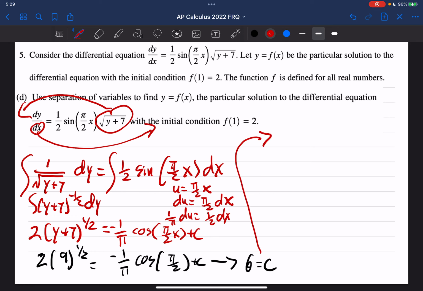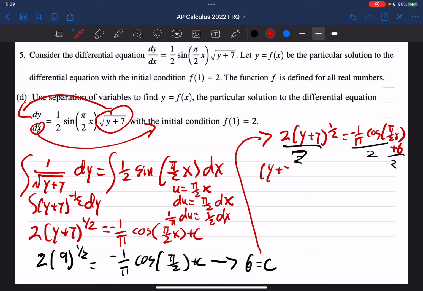So up here, we have 2 times the quantity y plus 7 to the 1/2 equals negative 1 over pi cosine pi over 2 x plus 6. So now we divide everything by 2. So we have y plus 7 to the 1/2 equals negative 1 over 2 pi cosine pi over 2 x plus 3.